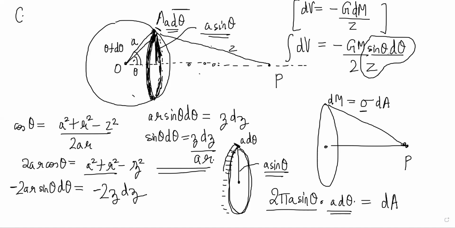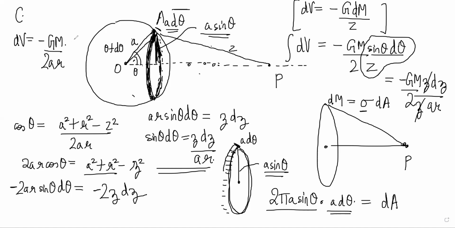So if you replace sine theta d theta here with z dz by ar, you get minus GM by 2, z dz by z ar. Z cancels. You get minus GM by 2ar dz. dV is equal to minus GM by 2ar dz, right?